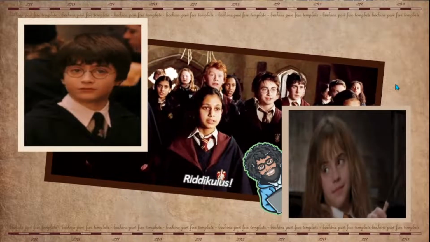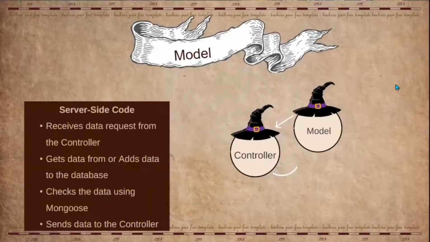Back to the model section. So the model receives a data request from the controller. The model gets or adds information to the database using mongoose schemas, and then responds back to the controller.